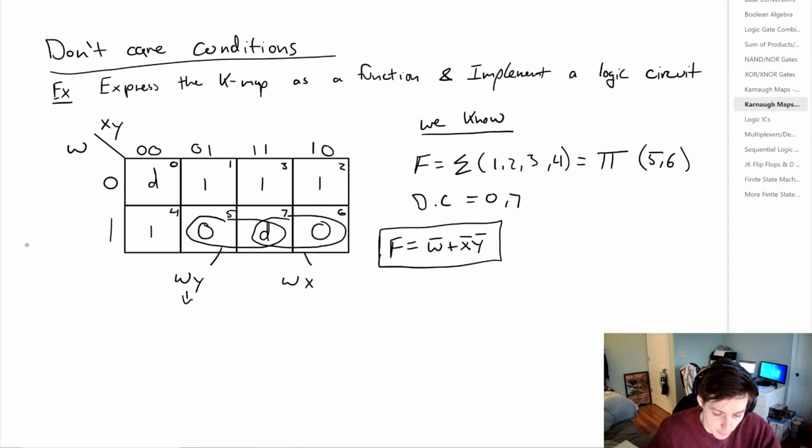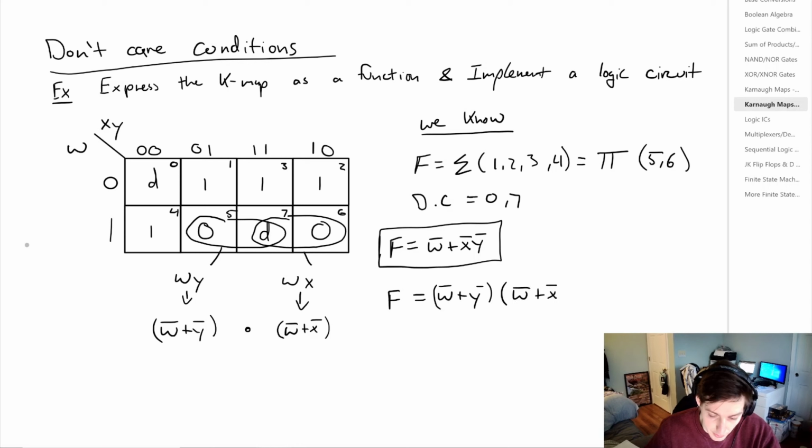Now we're going to invert these, so that we get w bar plus y bar, and this term we get w bar plus x bar. Now we multiply these together to get our other expression equal to w bar plus y bar multiplied by w bar plus x bar. And this gives us our second expression.